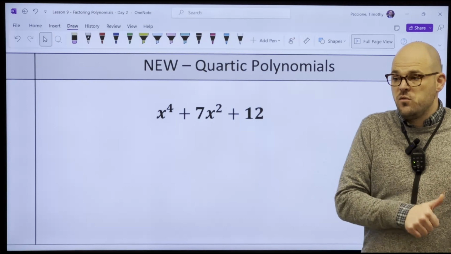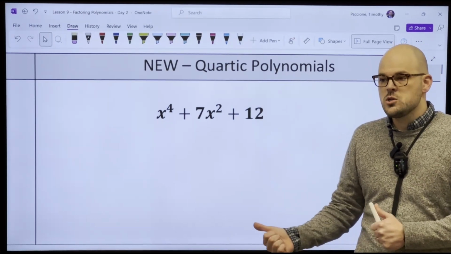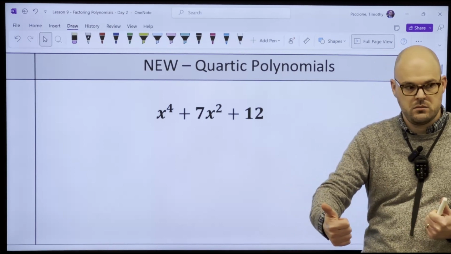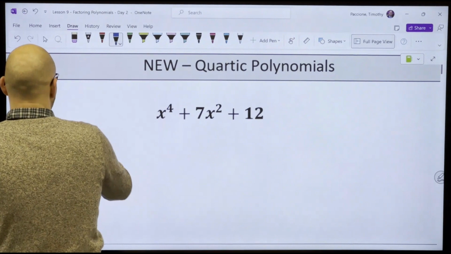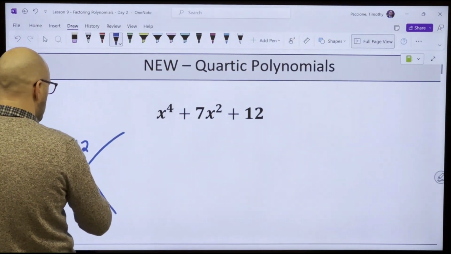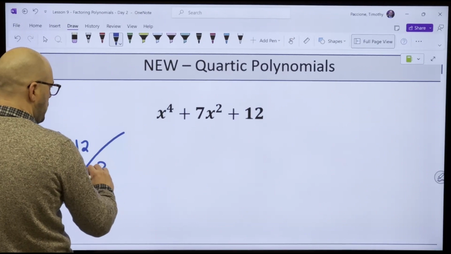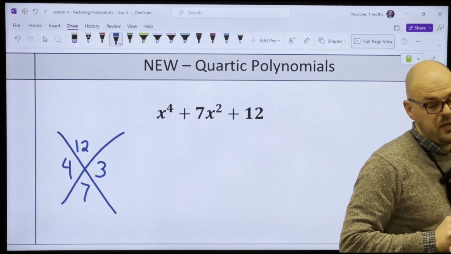Because it's in the same form, we can do the same trick. Okay? So, what is that trick that we used? Magic x. So, I chose the same number, so it's going to be the same thing. We got 12 on the top, 7 on the bottom, 4 and 3. But remember, I'm trying to find something that would multiply to give me this bigger thing.